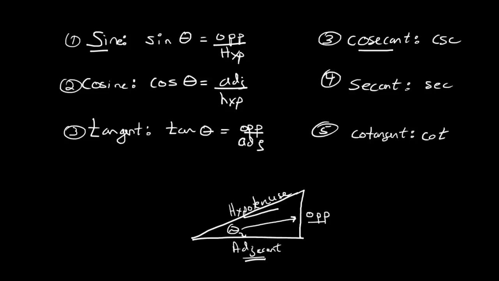I'll talk about the relationship in a second, but the cosecant of theta will be equal to the inverse of these two: the hypotenuse over the opposite leg. The same relationship goes between secant and cosine: the secant of theta is the reciprocal of these two values, the hypotenuse over the adjacent.